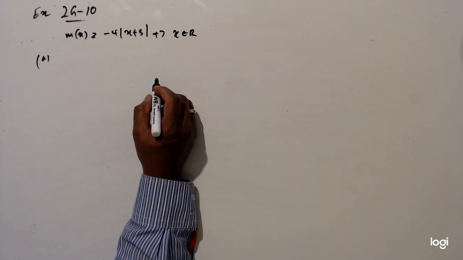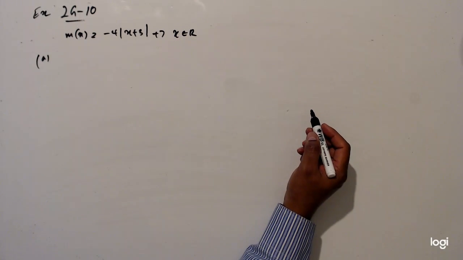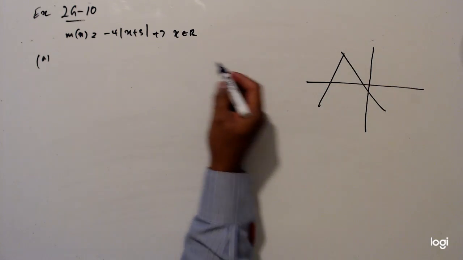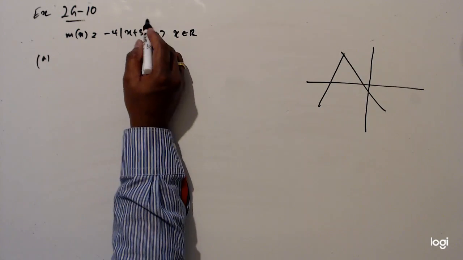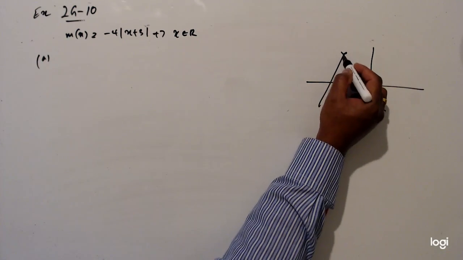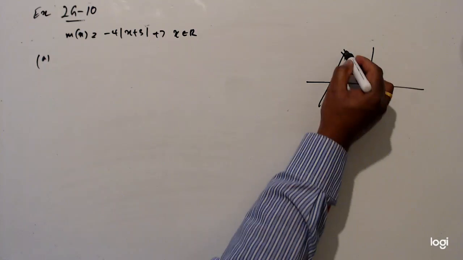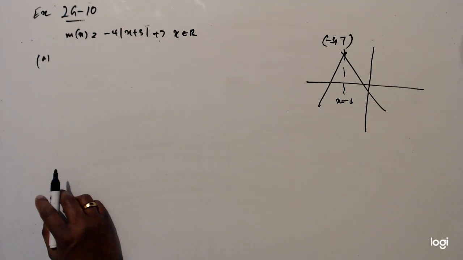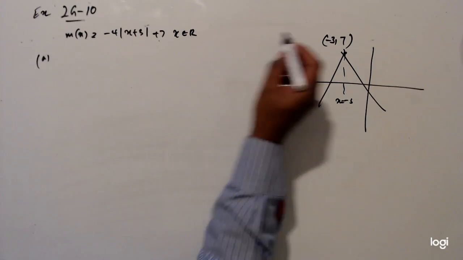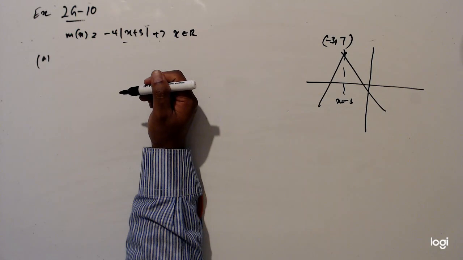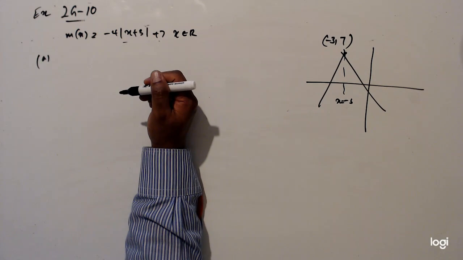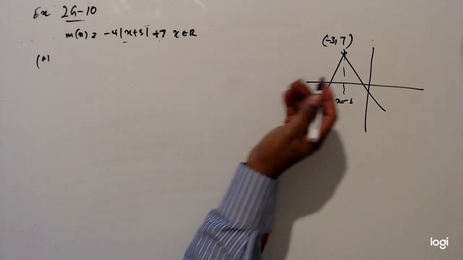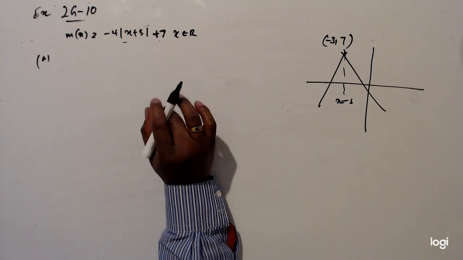Question number 10. When you look at this graph, you will be able to tell that this x value is minus 3 and y value is positive 7. This is a V type graph, so try to guess without drawing a whole sketch.